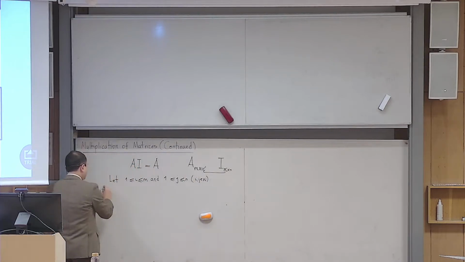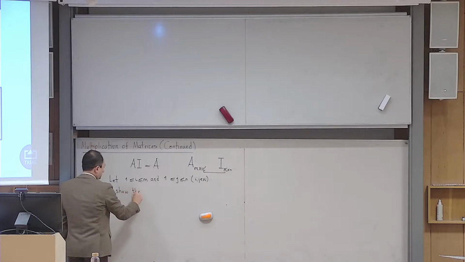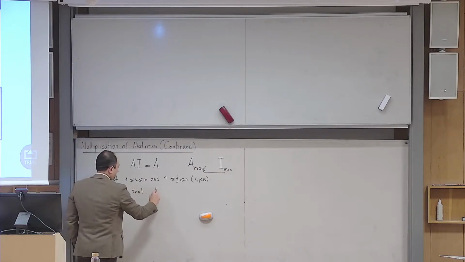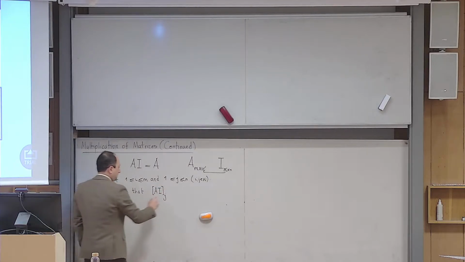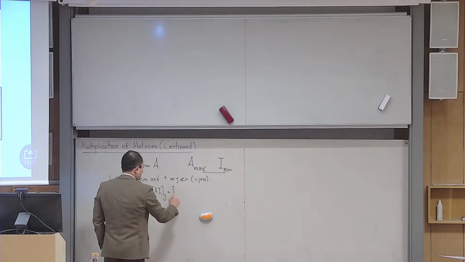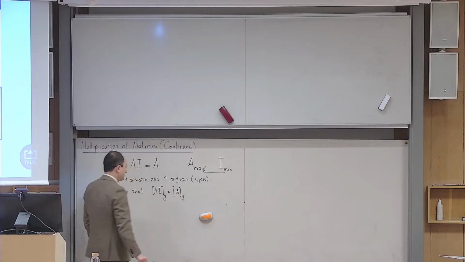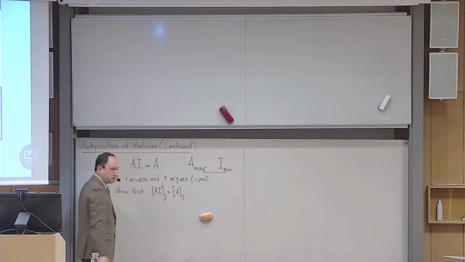We show that A times I, entry number ij, is equal to entry number ij of the matrix A itself. We show that. This is the question. We want to prove this.